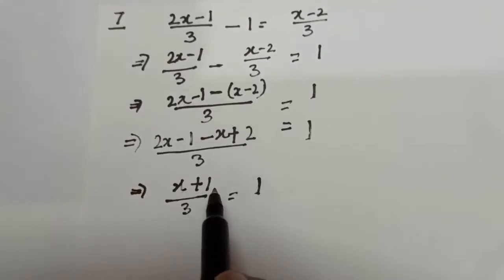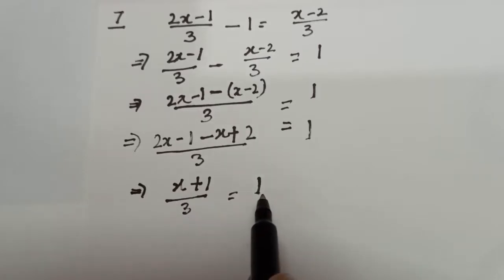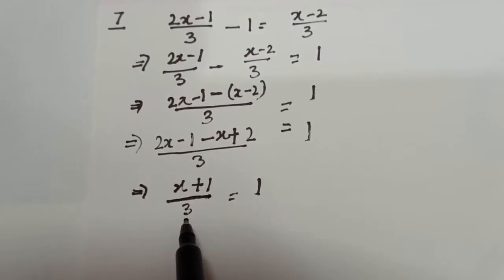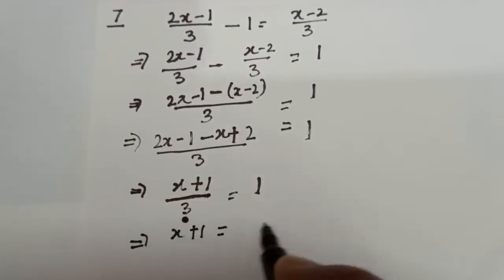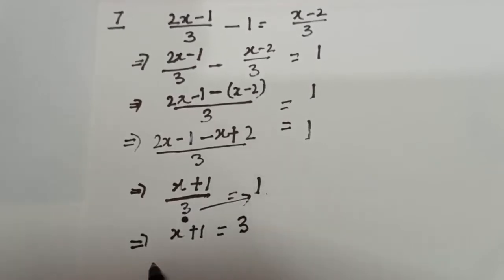Now when we have to isolate x, this upon 3 will be shifted to the other side first, because this is below the common denominator. Alright, so when this is in division and we shift it to the other side, it will multiply on the other side. So 3 into 1 will become 3 here.